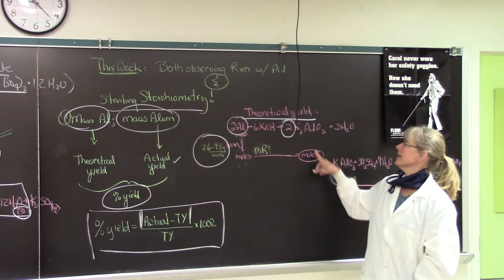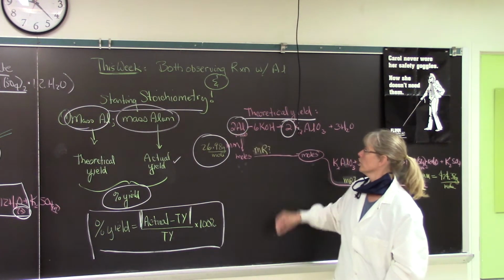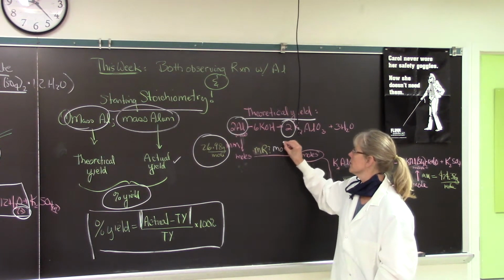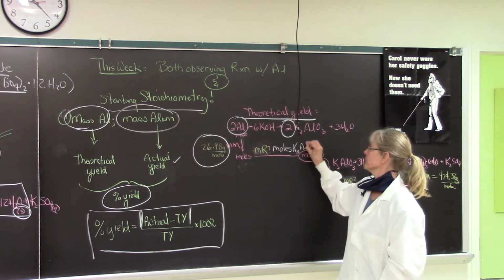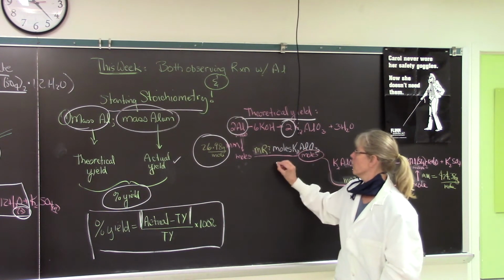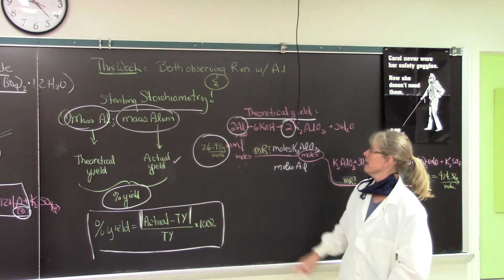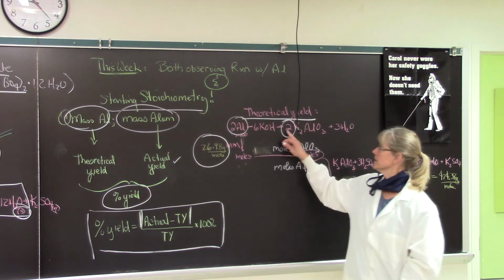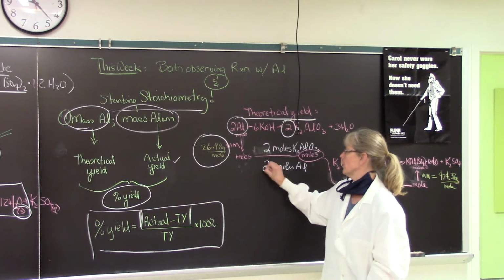In order to get to moles of potassium aluminate, I use my molar ratio. So I have my moles of potassium aluminate over moles of aluminum. And I check out my stoichiometric coefficients, and it's 2 and 2.